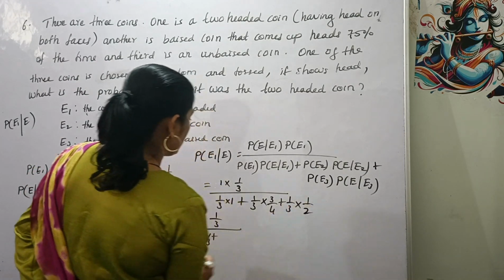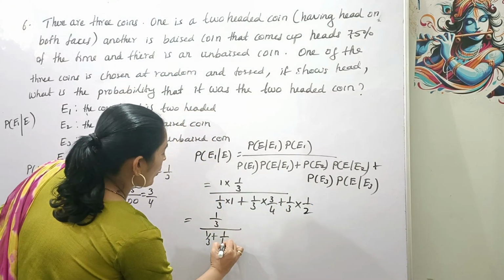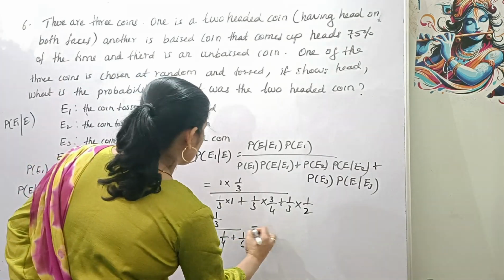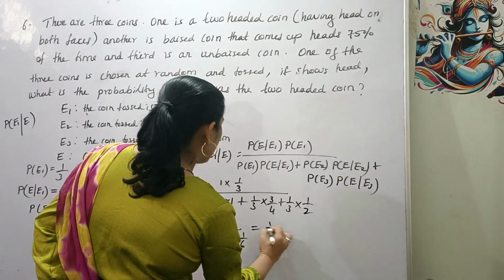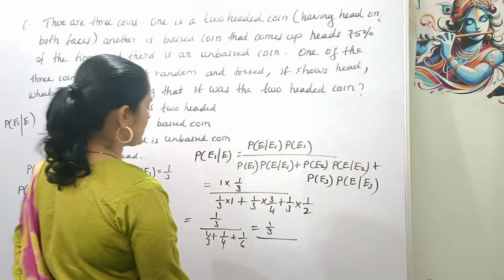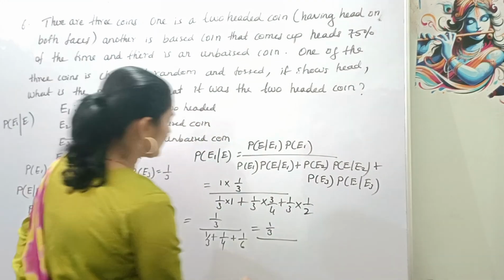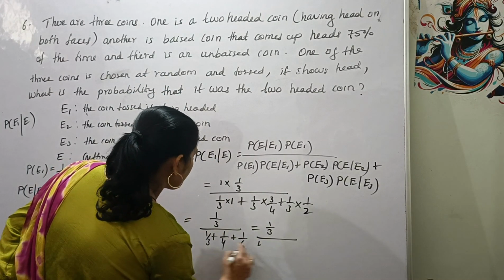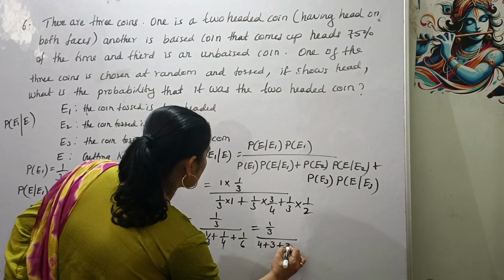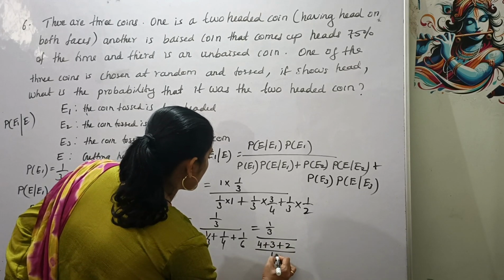Okay. The 3 cancelled. So 1 by 4 plus 1 by 6. That is equal to 1 by 3 divided by (3, 4, 6). So 12 is the LCM, right? So 4 plus 3 plus 2 divided by 12.